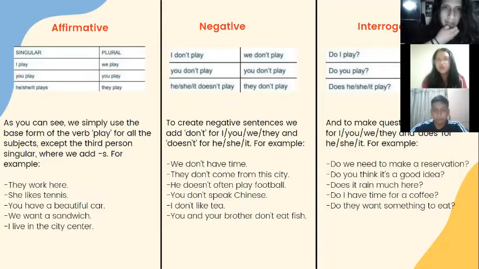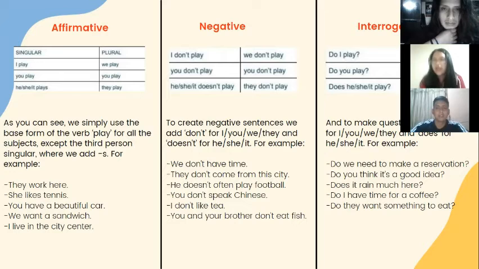Negative. To create a negative sentence, we add don't for I, you, we, they, and doesn't for he, she, it. For example, we don't have time, they don't come from the city, I don't like tea.